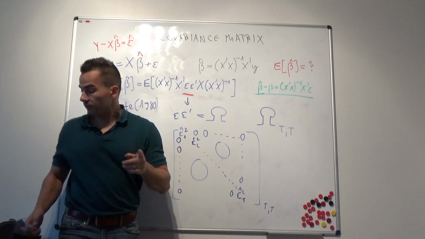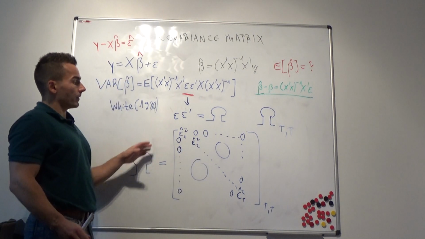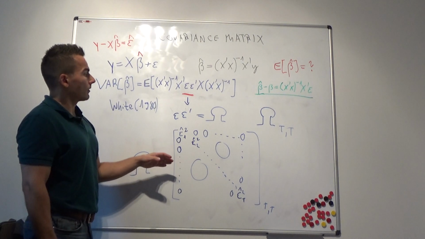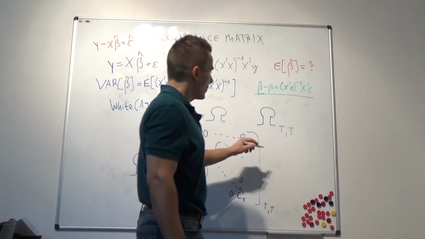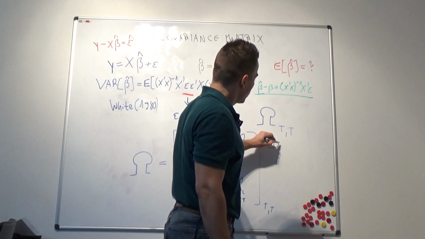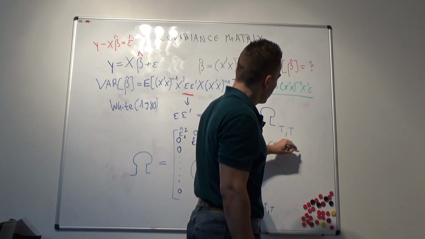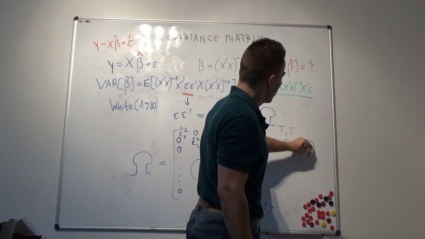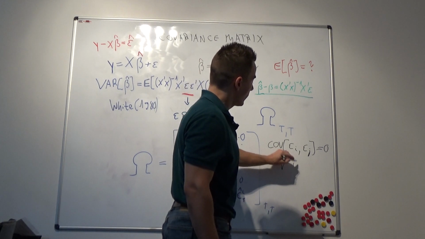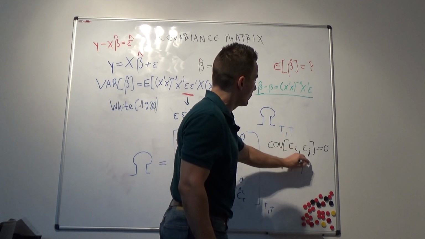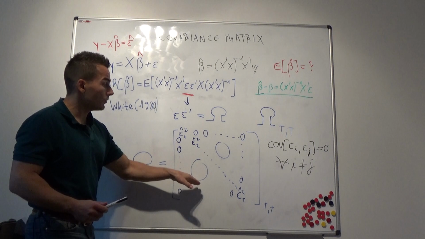It's important to note that if we use this omega as a proxy for the covariance matrix of our residuals, we still assume that the covariance between epsilon i and epsilon j is equal to 0 for all i unequal j.